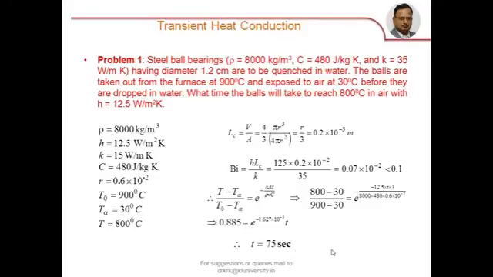You will get the time equal to 75 seconds. So after 75 seconds of leaving the balls in air at 30 degrees centigrade, they attain a temperature of 800.